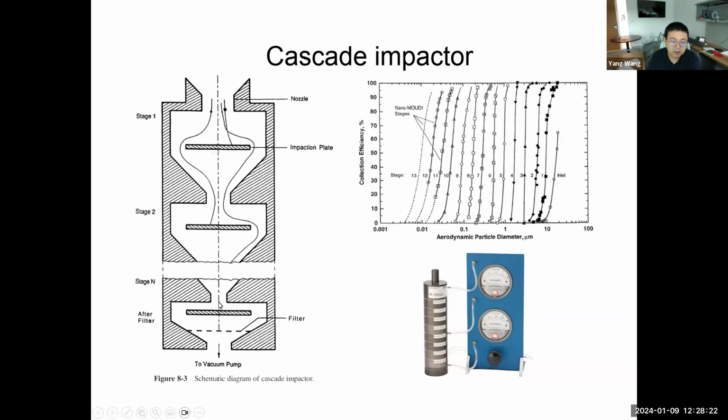So the calculation regarding the particle deposition or the inertial impaction here is going to be different compared to the first stage. You have to consider the temperature change due to the compression and expansion through this near sonic nozzle here, right?